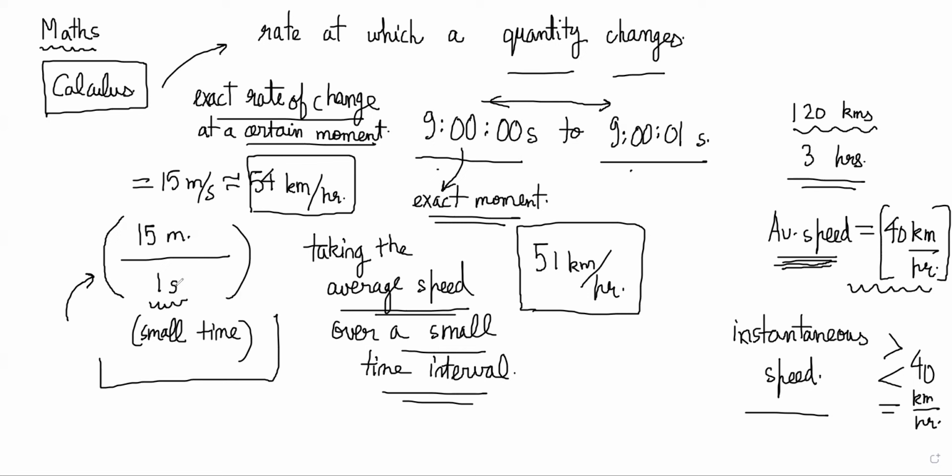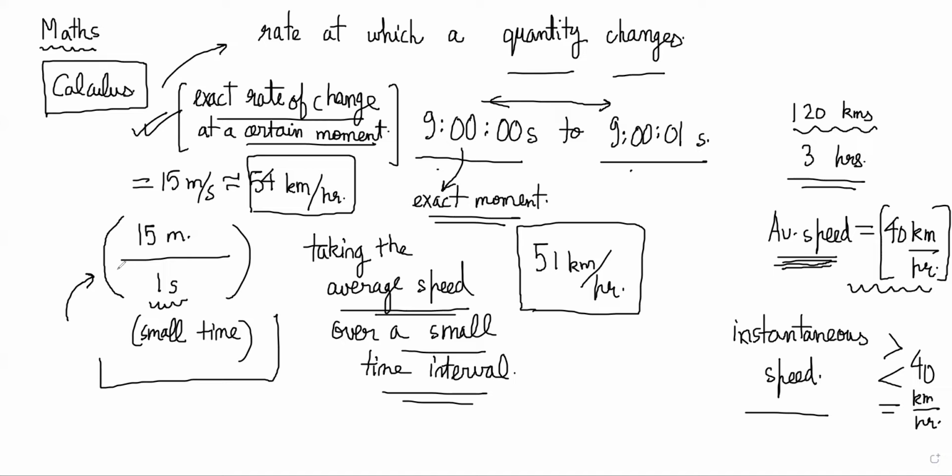Yes, sir. Nobody has ever done an exact speed at a given time. That you have not found out, because that cannot be found out without calculus. Okay. So calculus is basically measuring rates of change, the exact rate at which some quantity changes as another thing changes.